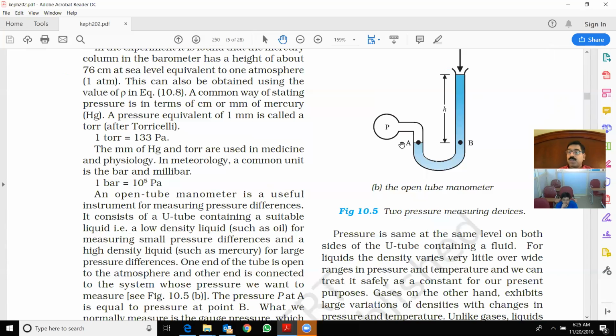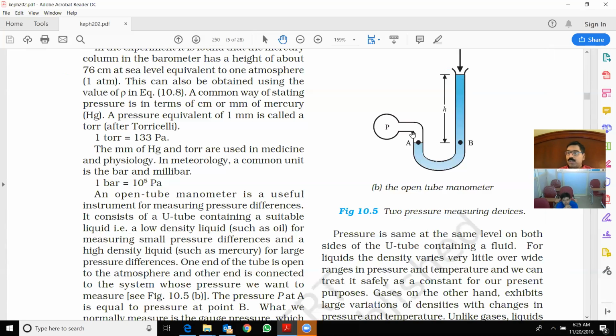Manometer is used as a gauge pressure measurement tool. So here it is like this. You have a tube open from both ends. When it is open from both ends, normally the fluid will have the same height on both ends, right?